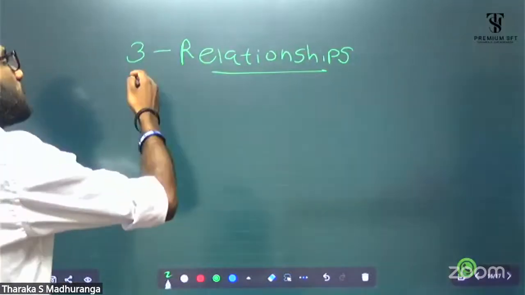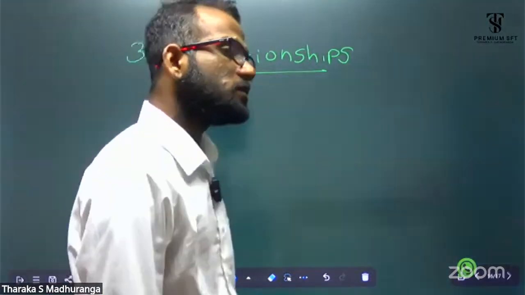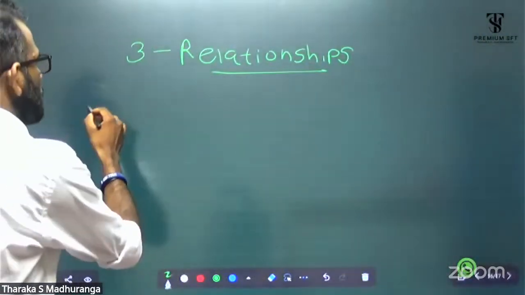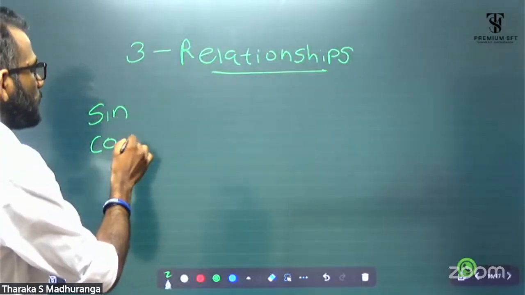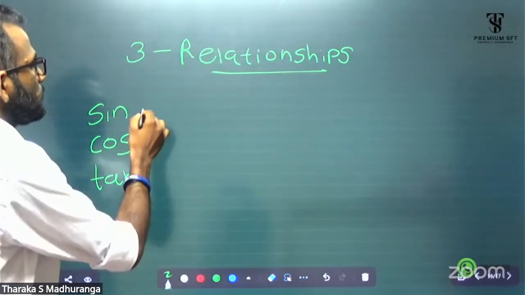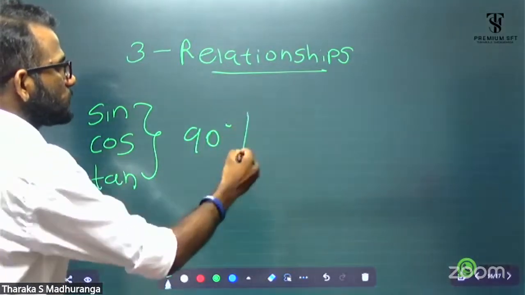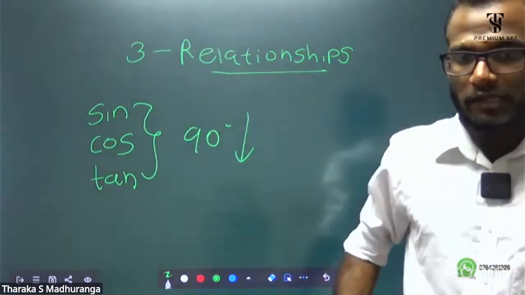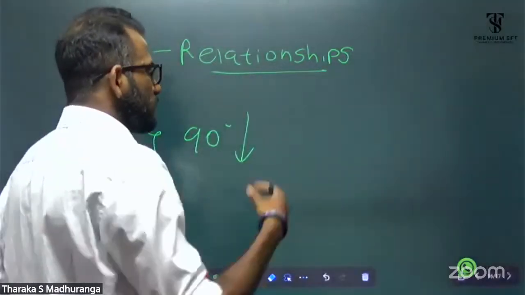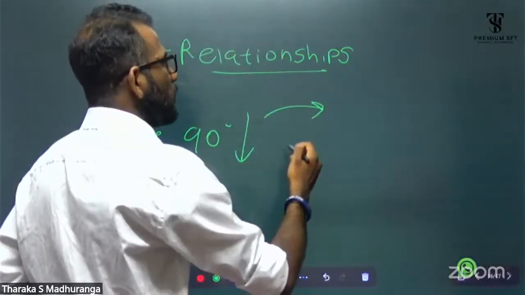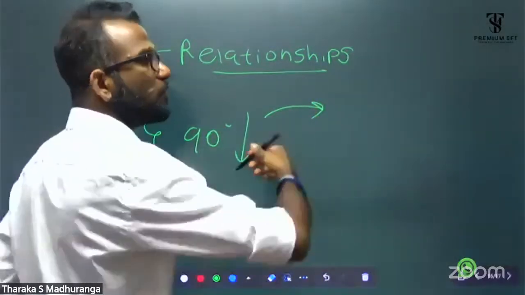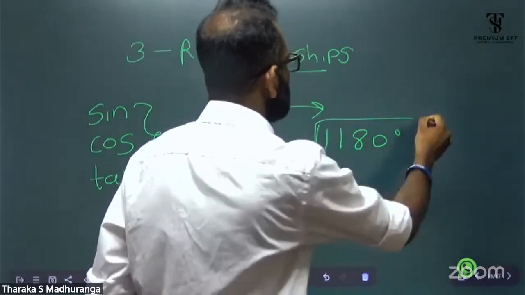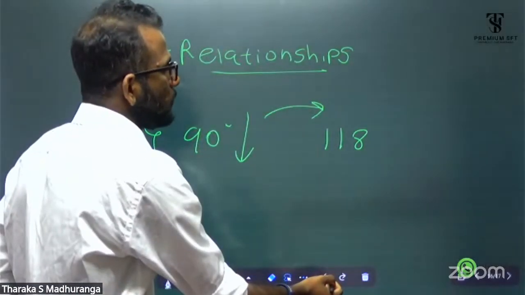Okay. Next week, the second part, we need to understand now. Now we can only get sine, cos, tan, the basic trigonometric ratios, only for angles less than 90 degrees, like 60, 30, 45. But we want to discuss how we get the trigonometric ratio for any angle, like 1180 degrees.